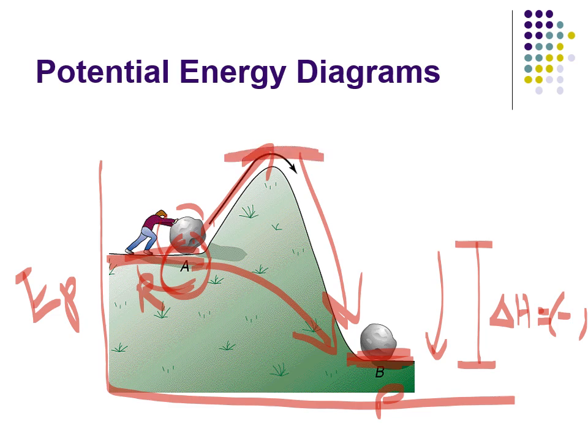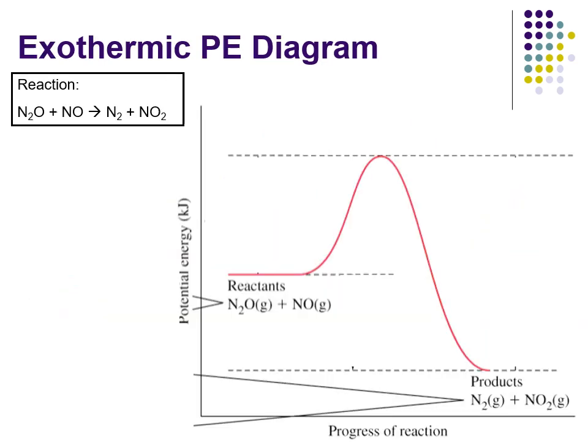But this point in the middle is always going to be higher in energy. It's always going to require some amount of energy to do. So this energy required to go from the reactants up to the activated complex is the activation energy, or energy needed to create the activated complex.